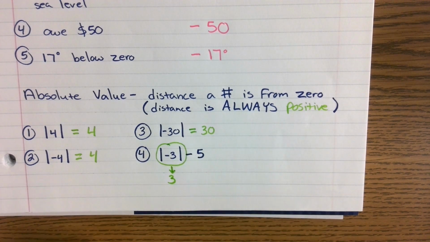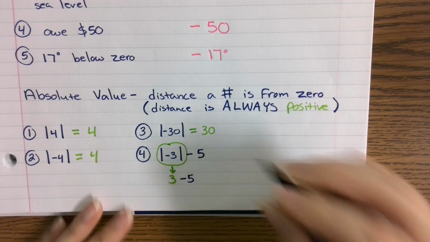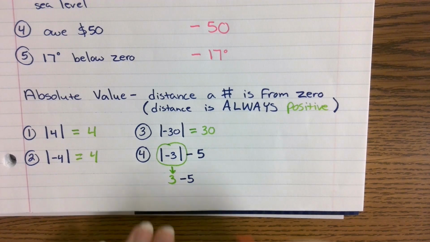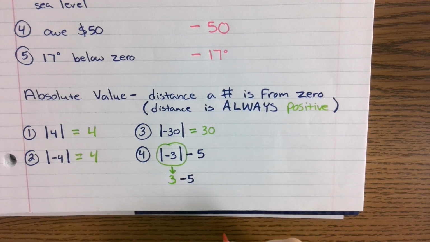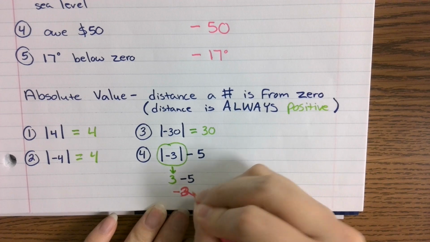But now I still have this minus 5 that's outside of the absolute value. So now I have to do 3 minus 5. What do you think? Negative 2. Very good. 3 minus 5 is now going to get you down to the negatives. Negative 2 would be the final answer.